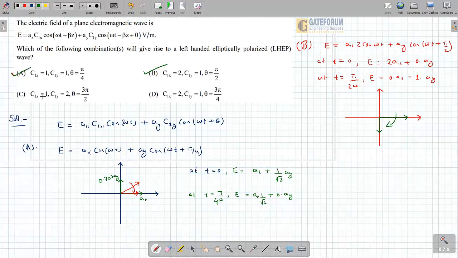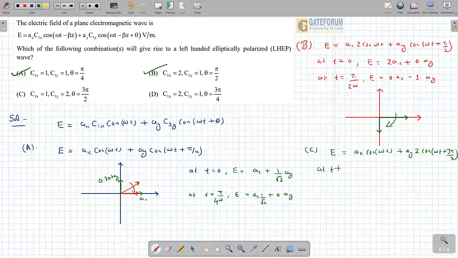Now coming to option C. I can write E directly. E is Ax cos omega t plus Ay 2 cos (omega t plus pi by 2).